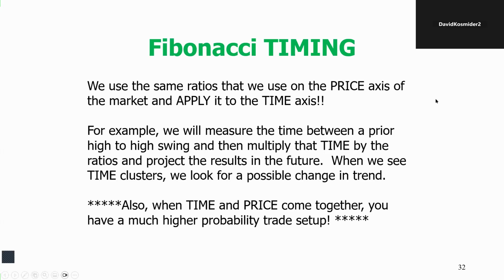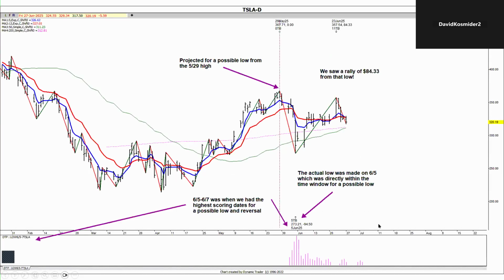And then what we're doing here also is looking for times when we have the timing factors coming together. Okay. So also when time and price come together, these are some of the best setups. So here's an example of, so this was actually the June 5th low that we had done the example on in Tesla, right? Here's where I added a timing histogram. So this is where I will identify the prior swing highs and lows that I want to use in the analysis.